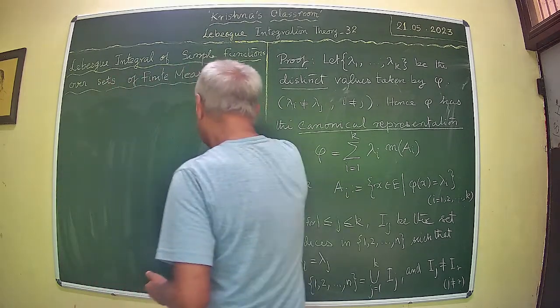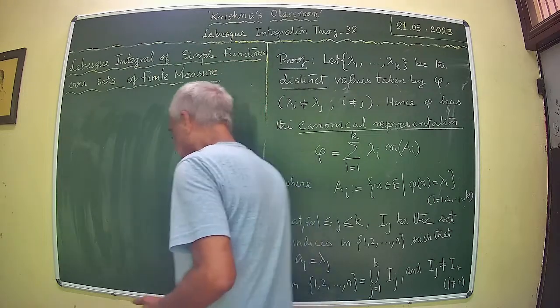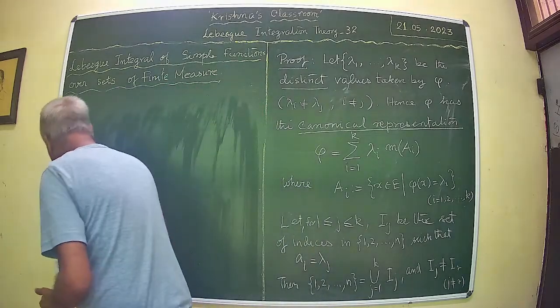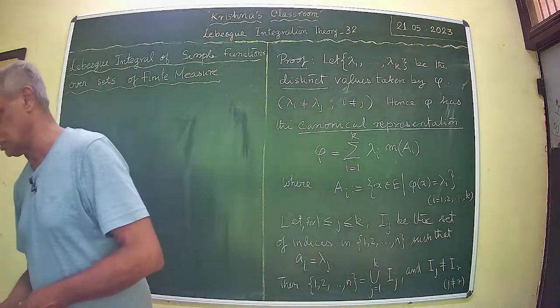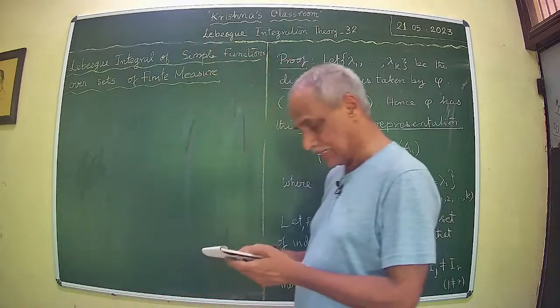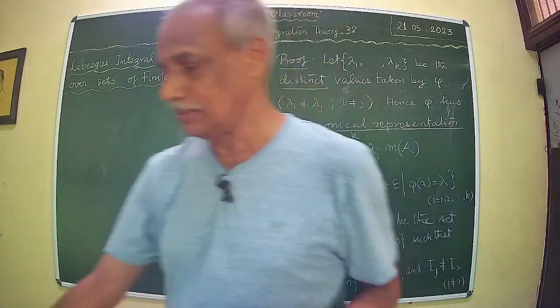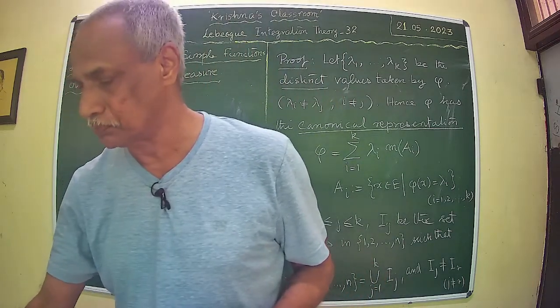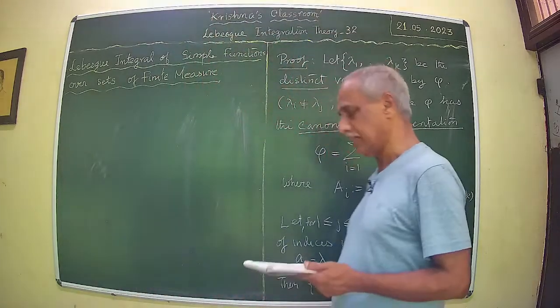But that needs a small exercise. So what we do is the following. Look at the structure of the class of Lebesgue integrable simple functions on the measurable set E of finite measure.